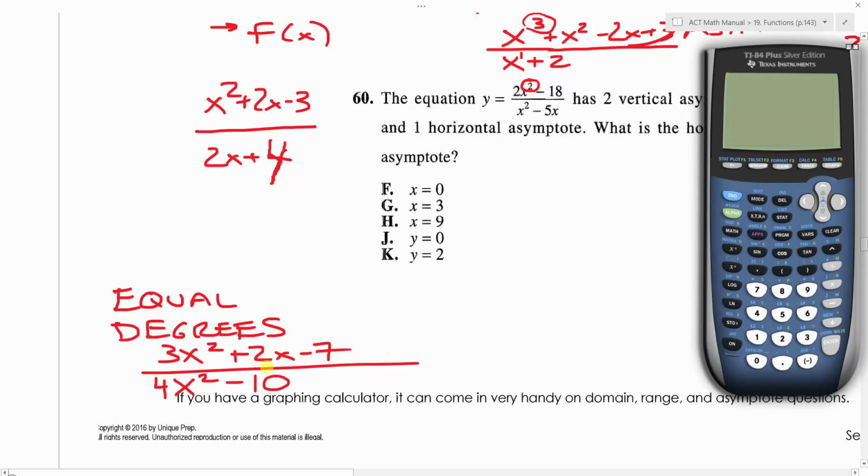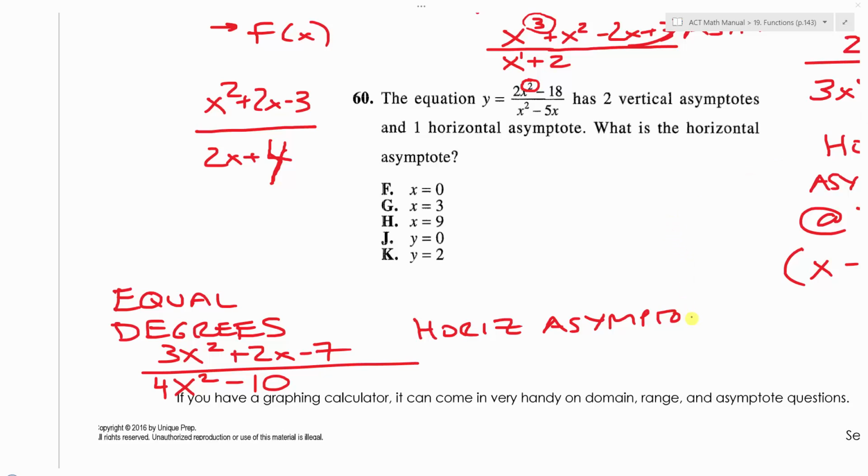If you have equal degrees, then you have a horizontal asymptote.